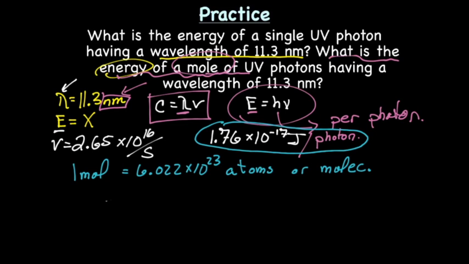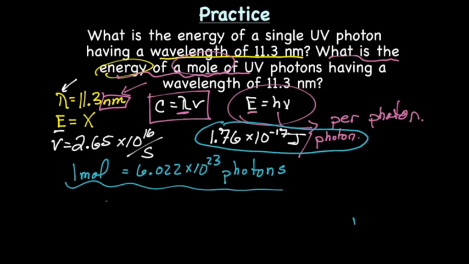We could have 1 mole of donuts, which means we have 6.022 times 10 to the 23rd donuts. But we don't really care about donuts right now, except that I'm a little bit hungry. What we care about is photons. So 1 mole of photons is 6.022 times 10 to the 23rd photons. Now we can do a basic mole conversion.